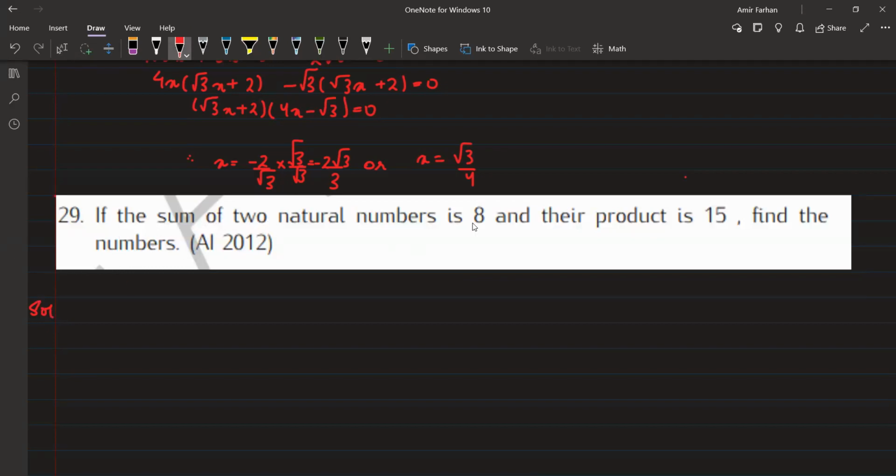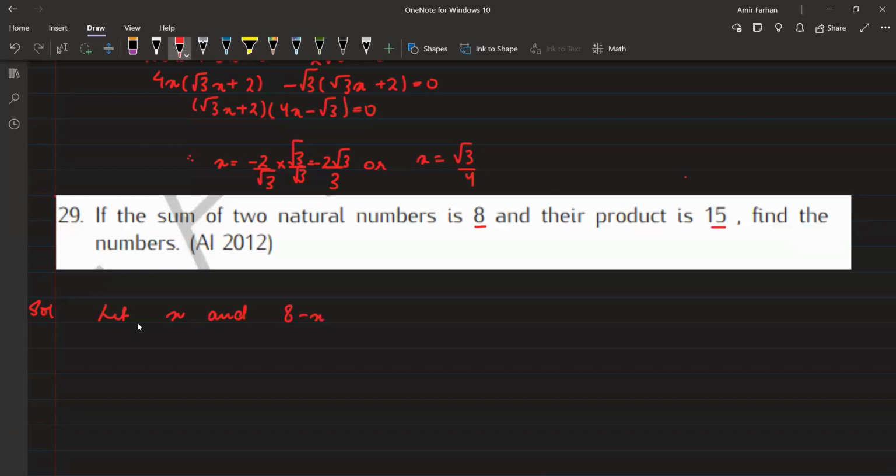if the sum of two natural numbers is 8, ठीक है, and the product is 15, find the numbers. Basically, if you take two numbers, suppose the sum of those two numbers is 8. So assume that x is a number. देखो, let x be one number and another number would be 8 minus x, yes or no?